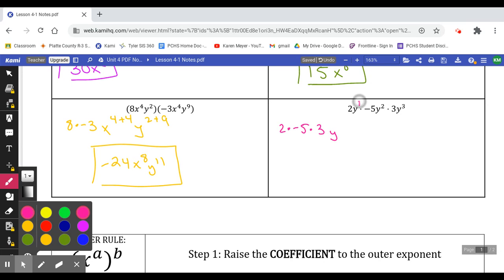So if it doesn't have an exponent, that means you have to put in the magic little 1 as your exponent. So add your exponents together. 1 plus 2 plus 3. So that will give me a final answer of negative 30y to the 6th power.